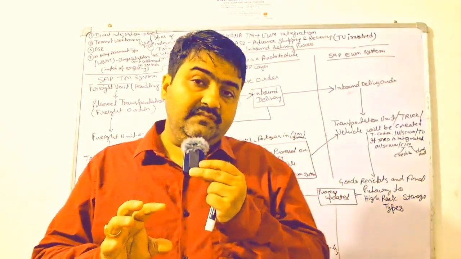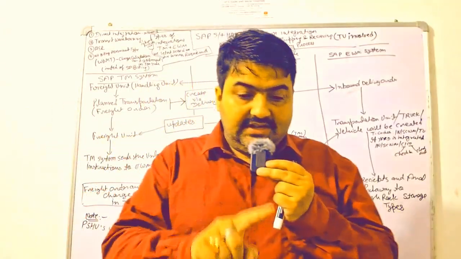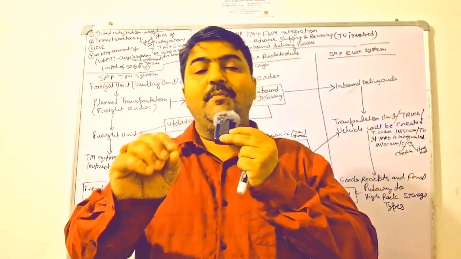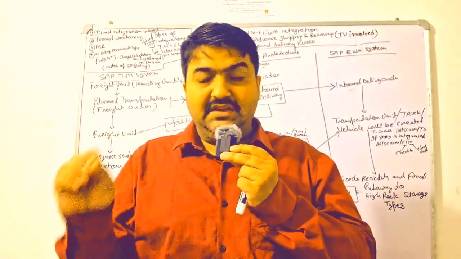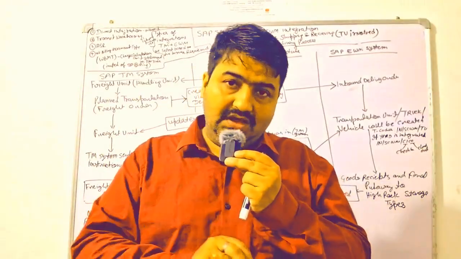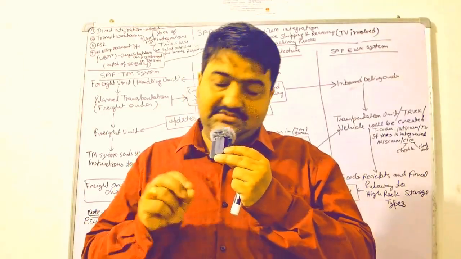When we integrate TM with EWM, on the outbound delivery side or inbound delivery side, one common thing is that both systems communicate through an extensible markup language file, an XML file the system generates.